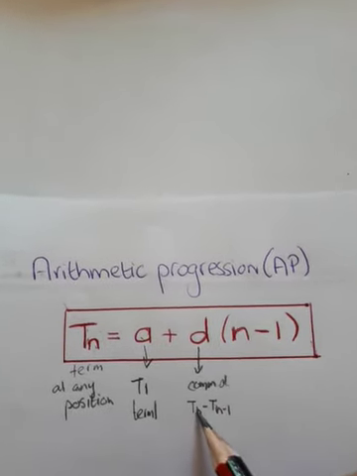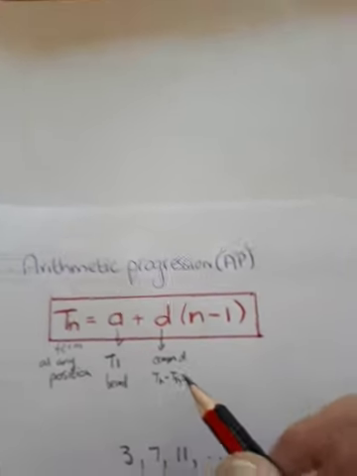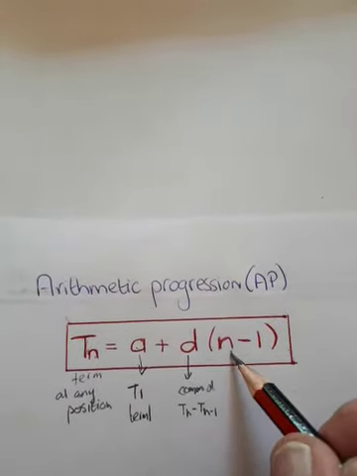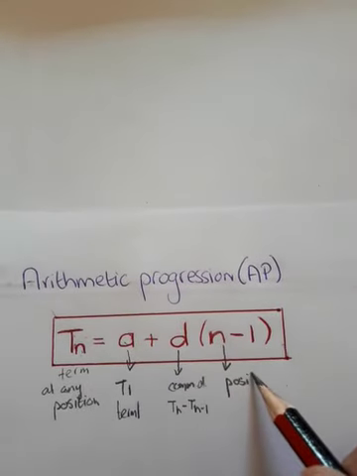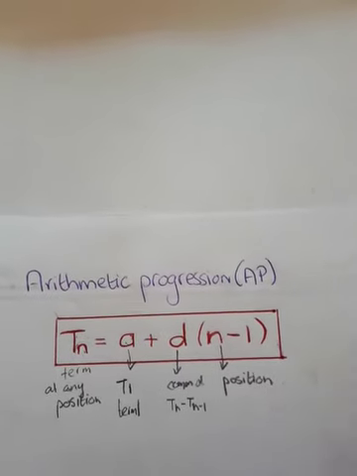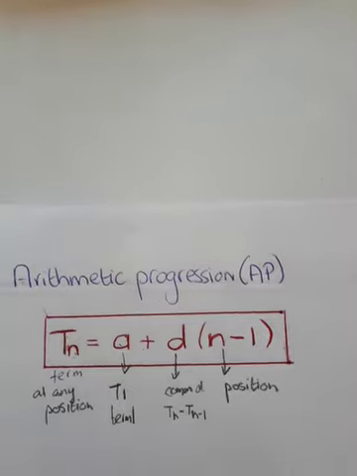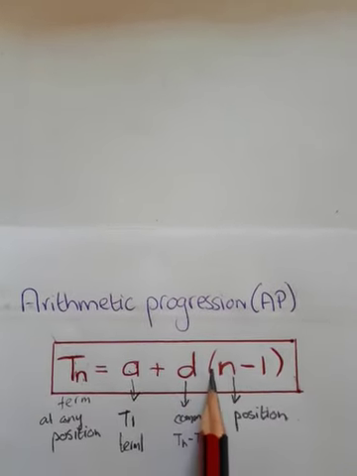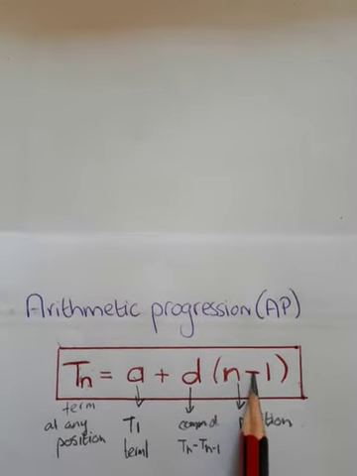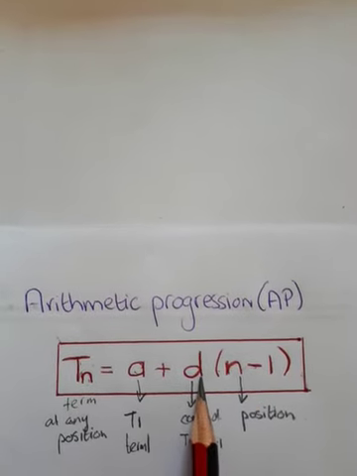So any term minus the previous term. And then N we also already learned stands for the position in which a certain number stands. So that is Tn equals A plus D in brackets n minus 1. That you must just simply know.